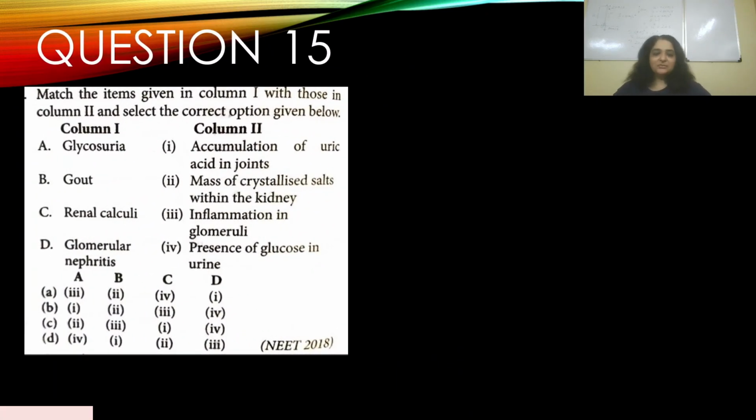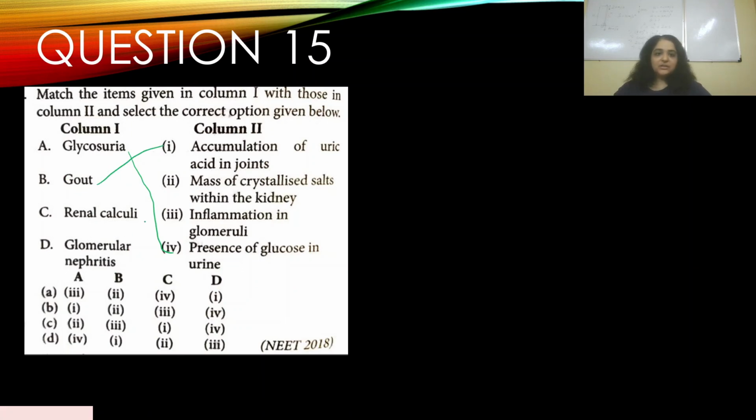Okay, so it's a match the following. Match the items given in column 1 with those in column 2 and select the correct option given below. So we have column 1 and column 2. Let's match. Glycosuria is presence of glucose in urine. Gout, accumulation of uric acid in joints.